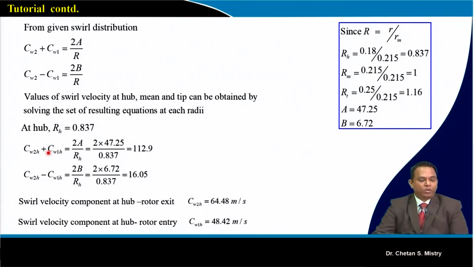So we can put this equation, which gives the variation of my whirl component at the entry and exit at the hub. This gives me how my whirl velocity component varies at the entry and exit.